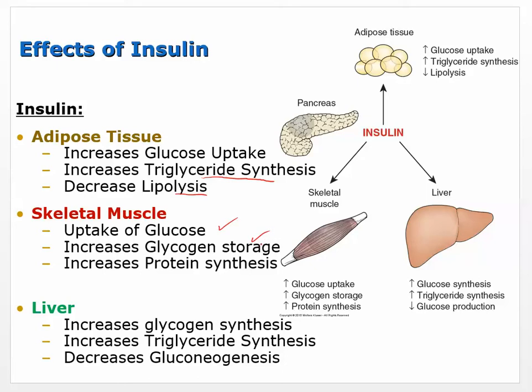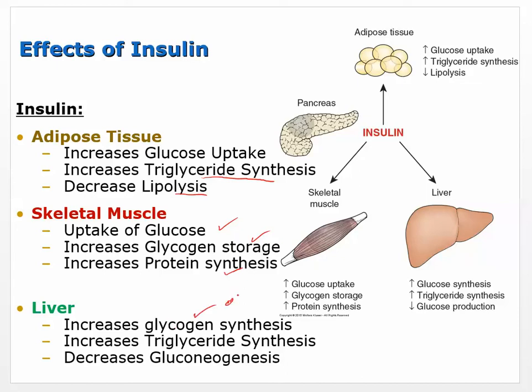Muscles usually need a quick source of glucose. It also increases protein synthesis, which makes sense in skeletal muscle, because skeletal muscle has a lot of actin and myosin and other proteins that need to function. In the liver, it increases glycogen synthesis.